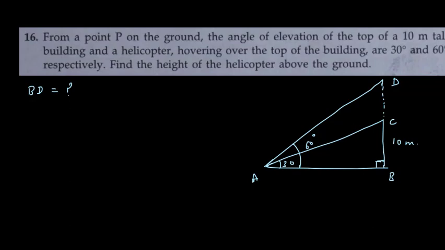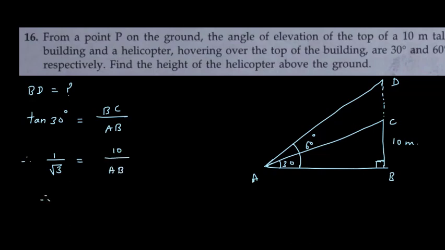So when we apply tan 30 degree, in this diagram, tan 30 degree will give you opposite, that is BC, upon adjacent, that is AB. So therefore tan 30 degree is 1 upon root 3. You will say that 1 upon root 3 is equal to BC, BC is 10, divided by AB, AB that you have to find out.